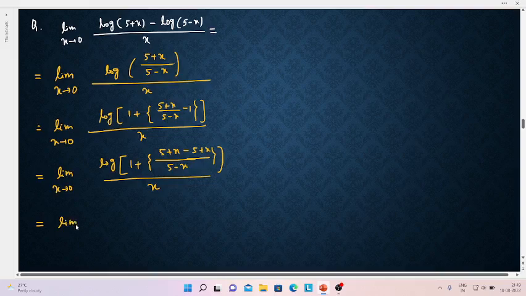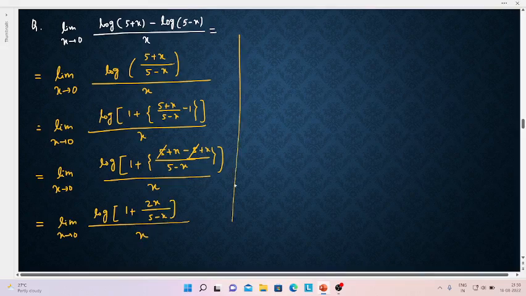Similarly, that can be written as the limit x tending to 0 of the logarithm of 1 plus, where 5 and minus 5 cancel out, so we have (2x upon 5 - x) upon x. So basically it is like log(1 + something) where that something should be there.